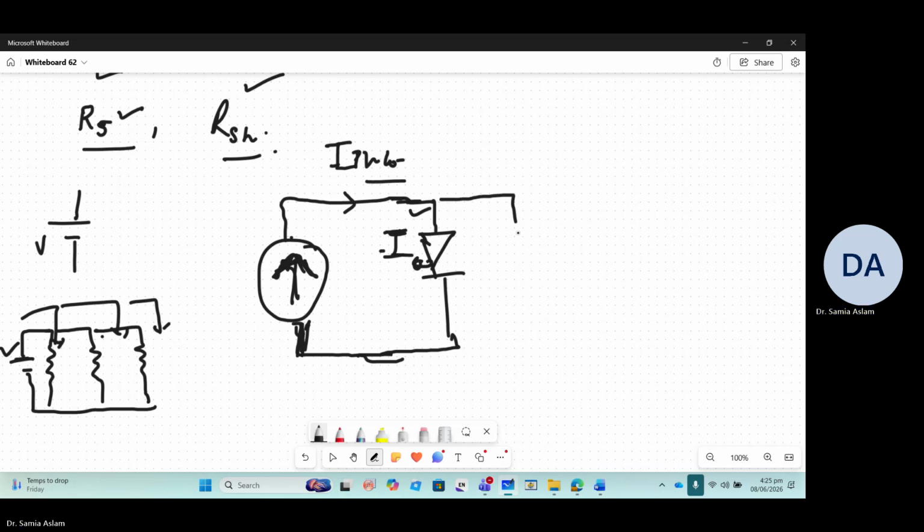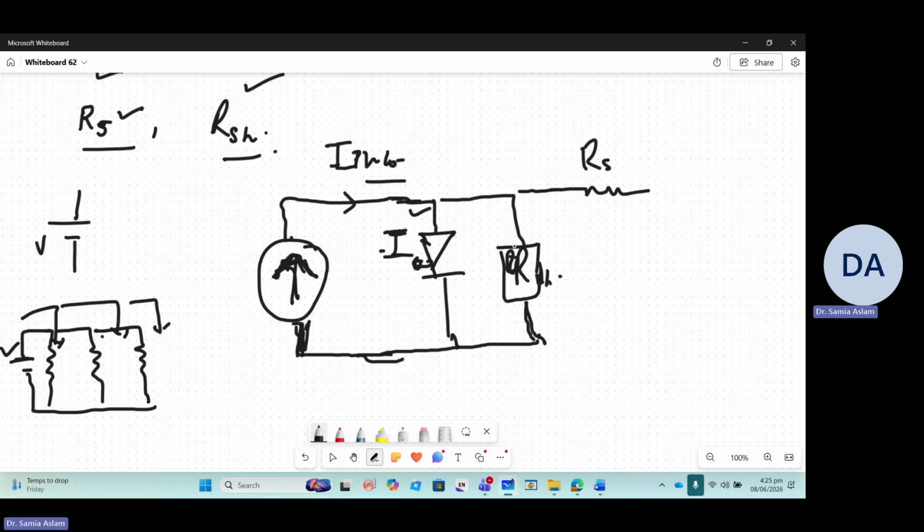So one path serves for its internal diode kind of structure. Then this is the R shunt. So this is the resistance in the way of electrons, which prevents it from recombination, right? R shunt is also drawing some part of the current, right? And then this is RS, a series resistance.